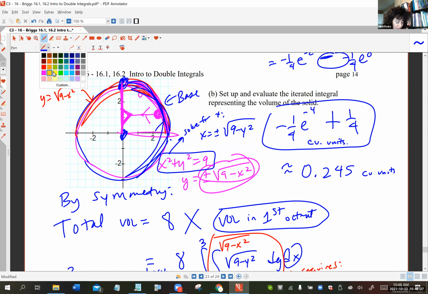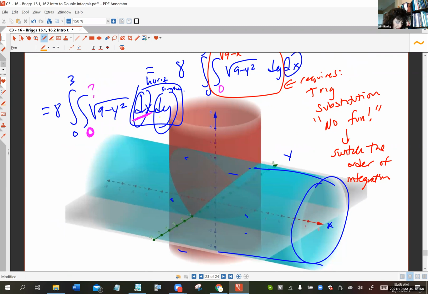And if you graph x equals negative square root of 9 minus y squared, that'll give you the left-hand side of a circle. Well, our little man's head is on the right-hand side. So that means we'll take x equals positive square root of 9 minus y squared for the upper limit for x. And now we're ready to integrate.